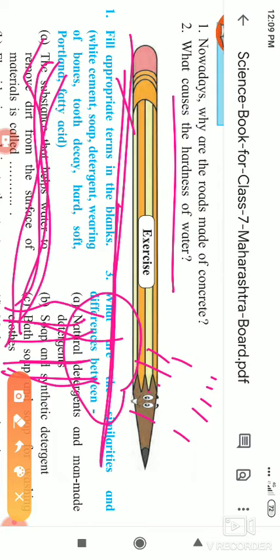At that time, the minerals which are present in that soil dissolve into that water, and due to those mineral salts, like magnesium and chloride salts, that get added, the water becomes hard.